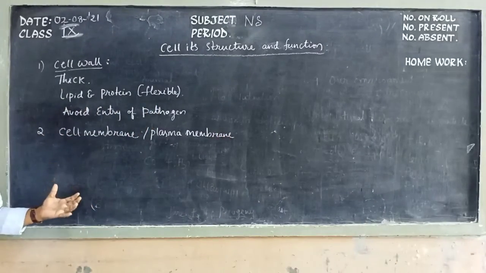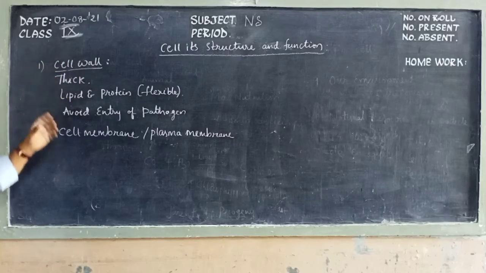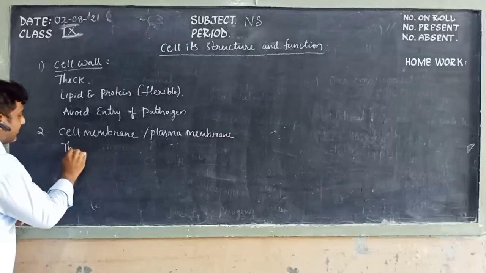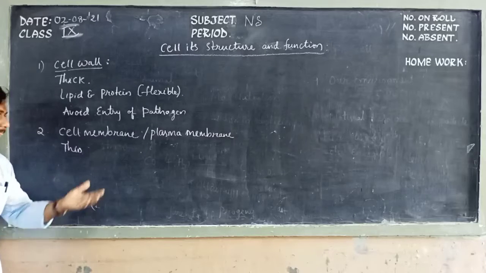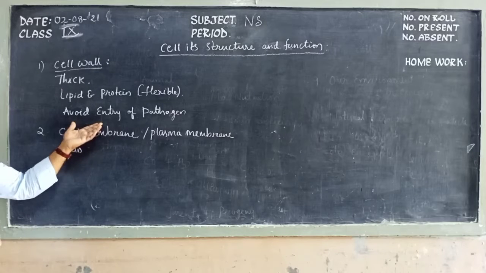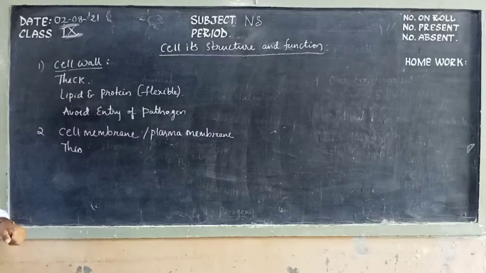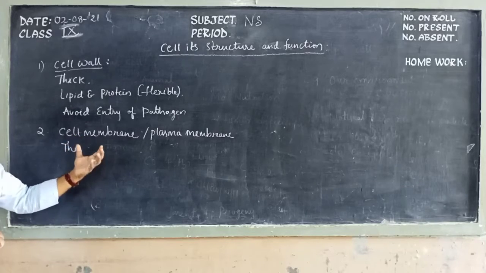In the plant cell, after the thick cell wall, this cell membrane or plasma membrane is thin in nature. Whatever materials enter the cell, this cell membrane acts as a gate.